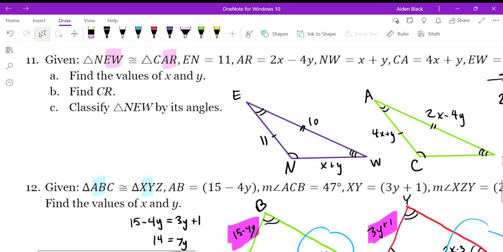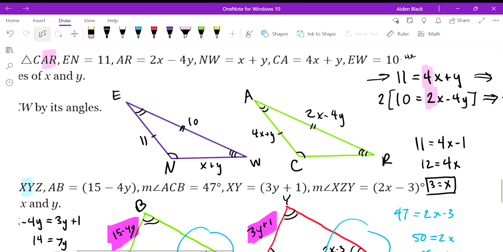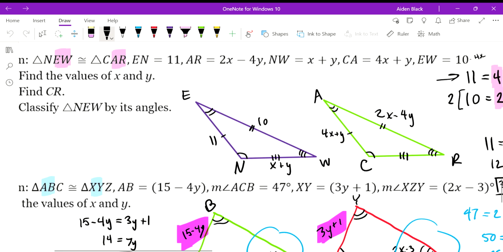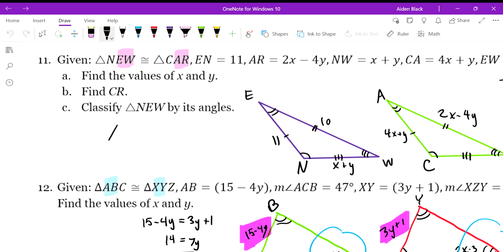This allows me to find CR, because CR is congruent to NW, and NW is equal to x plus y, but now I know my x and my y. Let me write this full statement.